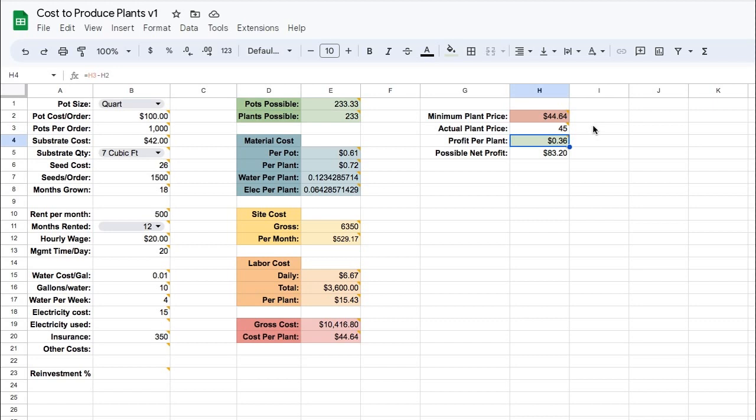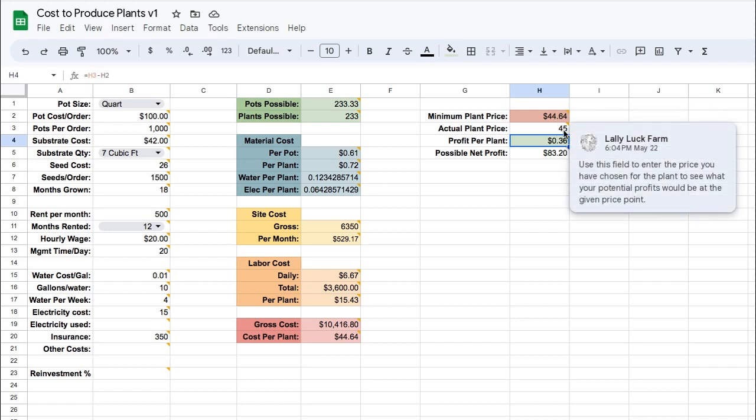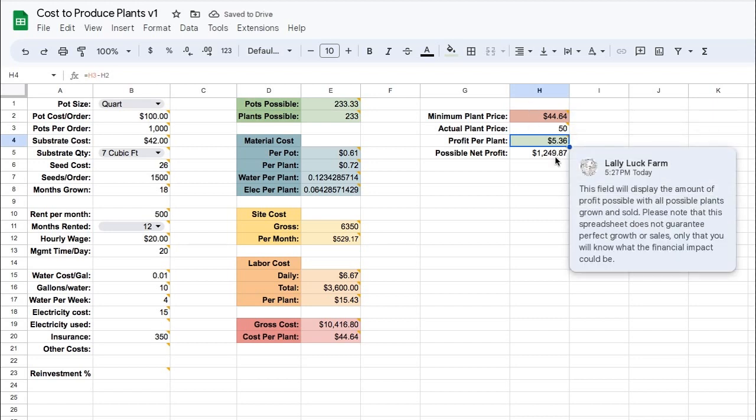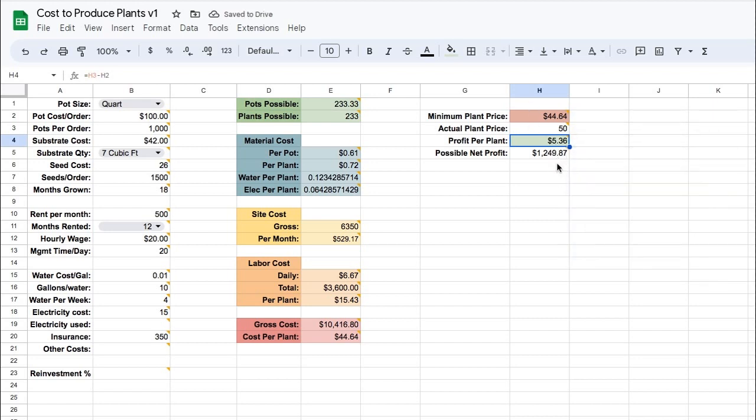And that's a decision on whether or not that is an acceptable amount of return for your effort and time. If you were to change this to $50, what does it look like? This will help you to navigate and understand where you can drive those profits and the value for yourself as you do this.